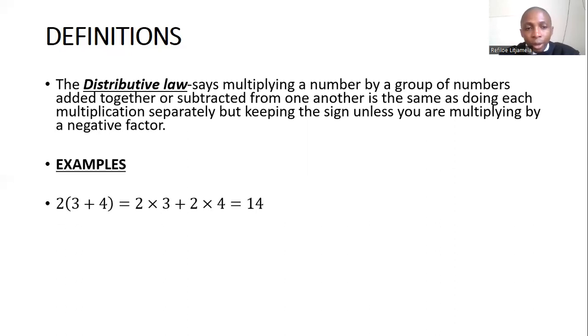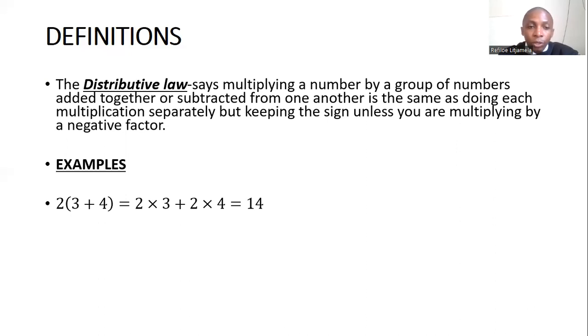Here's one example, where I simply showed you that if I have 3 added with 4, I can simply add 3 and 4. That will give me 7. 7 times 2 is 14. Or I can simply distribute the 2, which is easier, especially when you're dealing with big numbers. So 2 times (3 plus 4) will be the same as multiplying 3 and 4 separately by 2 without changing the sign.